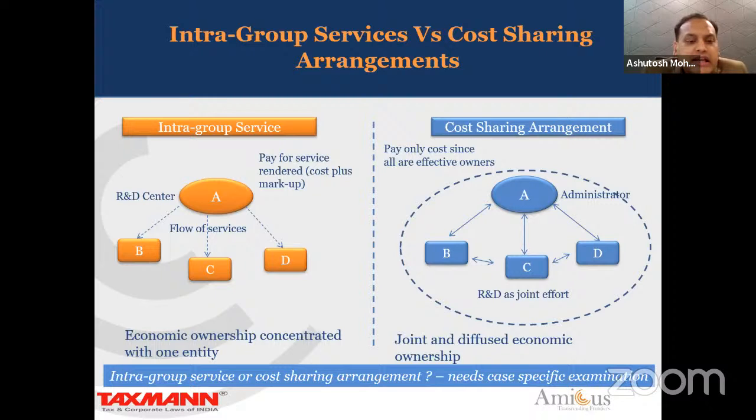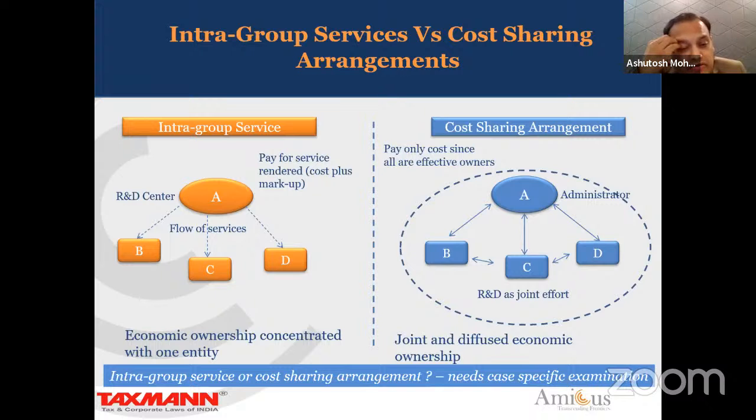On the other hand, in case of a vanilla intra-group service or management services, there is one center which is specializing in the rendering of those services. It is rendering services to B, C, D, and B, C, D in turn are not having any claim or ownership in any resulting intangible. For that matter, there is no intangible that is arising here.